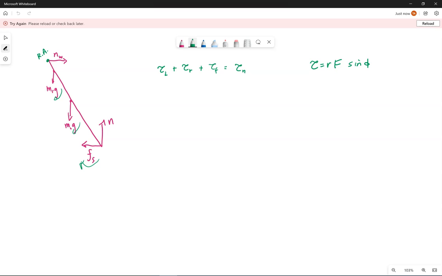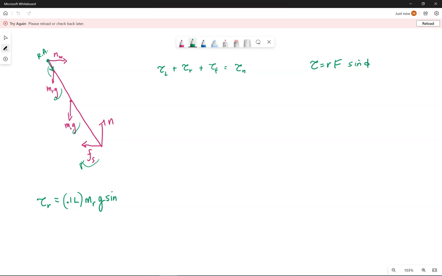R, for example, for Romeo would be from that top of the ladder down to the force of Romeo. So the torque due to Romeo would be 10% the length of the ladder, right? If Romeo walked 90% up the ladder, then he's a tenth from the top. Mass of the Romeo times g. And then we need the sine of the angle between them.